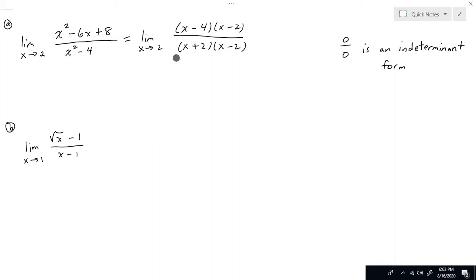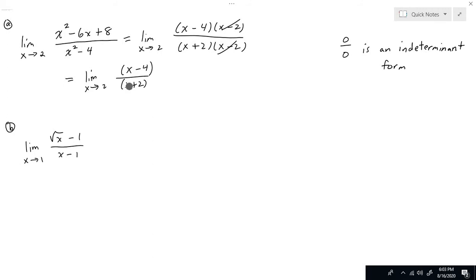These limits are still equal because all I did was factor. But now notice, these cancel, right? And so now you're left with this limit. This function is still equal to the original function.